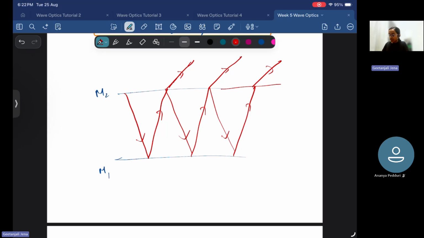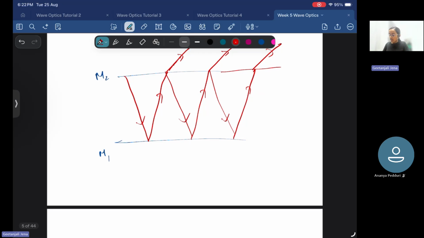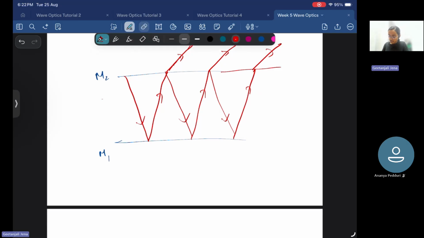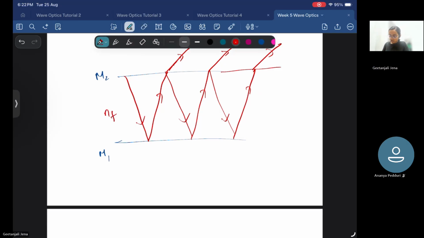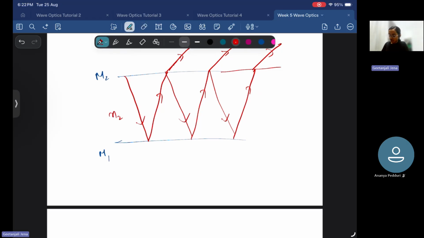So what we have done in this part is that we have used the Stokes relation. Let's say this refractive index is N2 and this is N1, this is also N1.